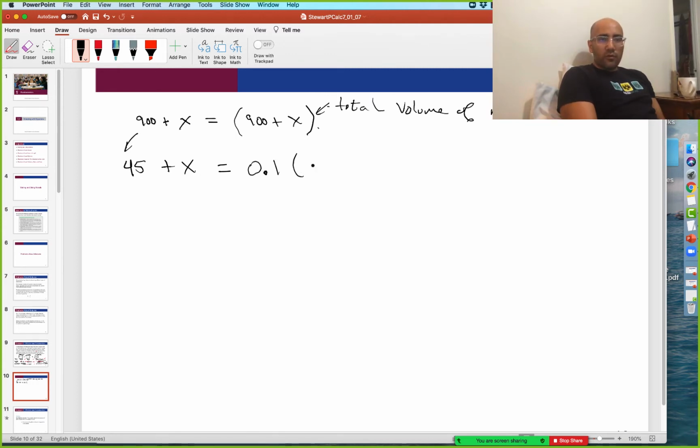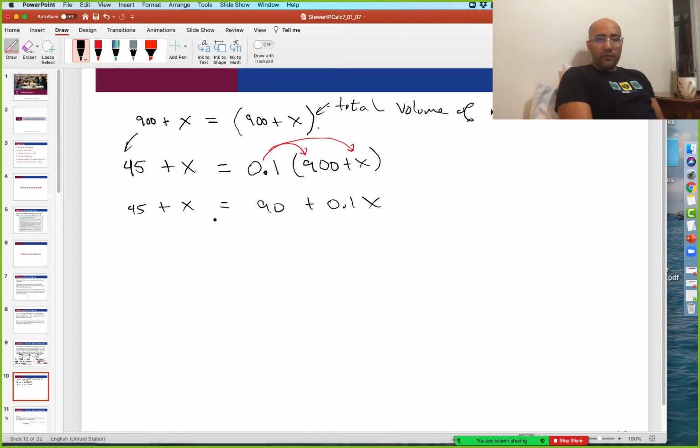So if we multiply these two, this is the statement that we want to solve. Good. Okay, so if we distribute this 10% here and over there, we get 45 plus X equals 90 plus 0.1x.